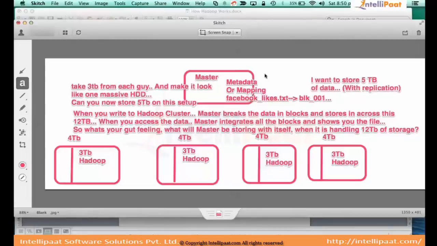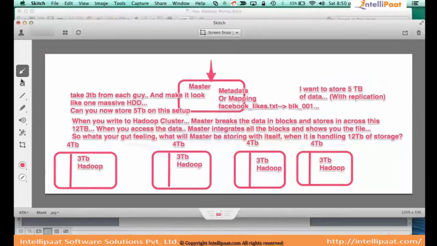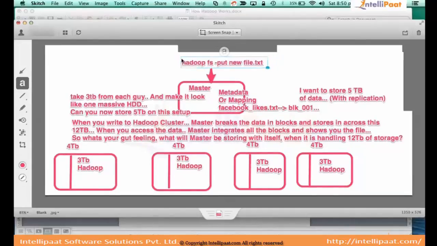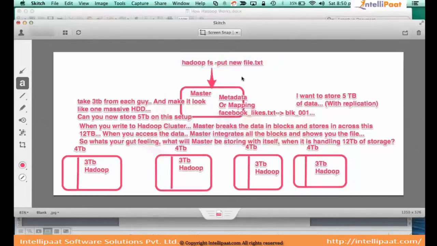Now, from your laptop, when you want to insert the data, you will be contacting the name node. Put new file.txt. So yes, to answer your question in one line, you will have to connect to the name node.